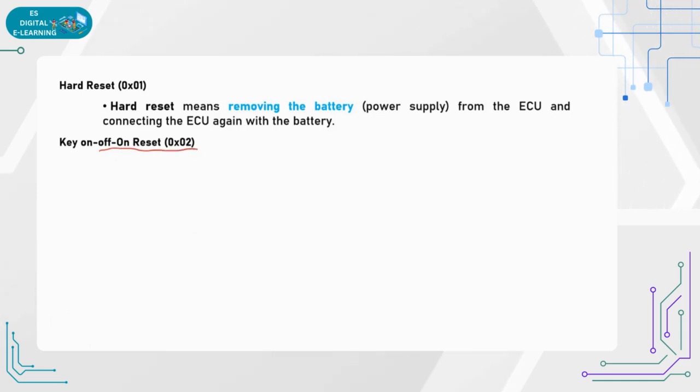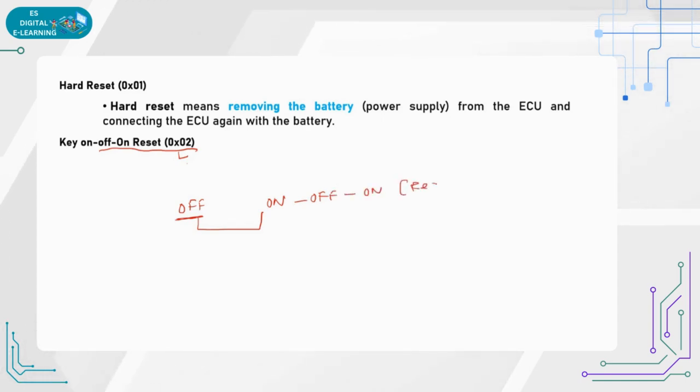Write it down. The subfunction number is 02. Key on, off, on: the order you should remember. Initially it will be in an off state, then on, again off, again on. This we call a reset. Whenever your phone is in the on state and you need to reset it, how do we do it? When you click on the power, it goes off, and again it goes on. That is part of the on, off, on.